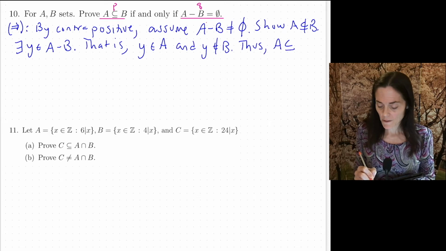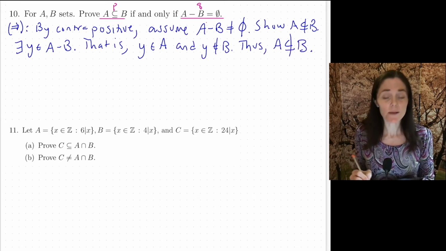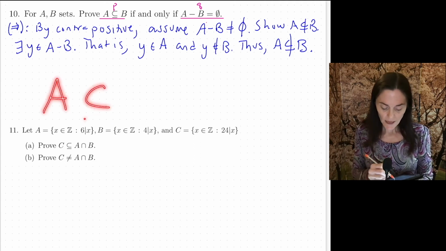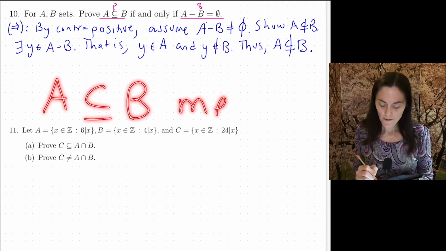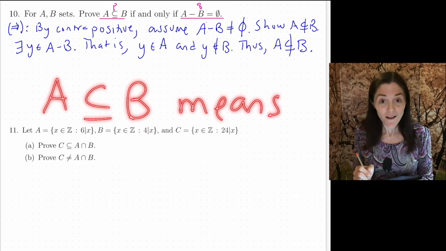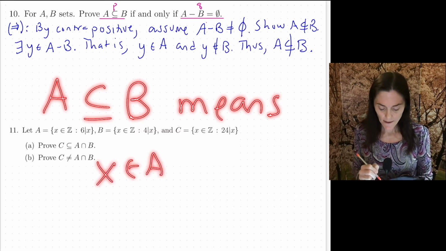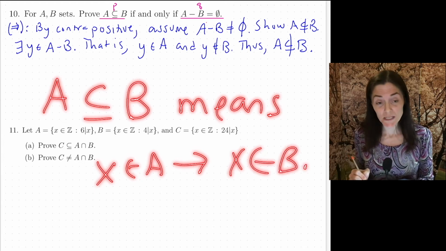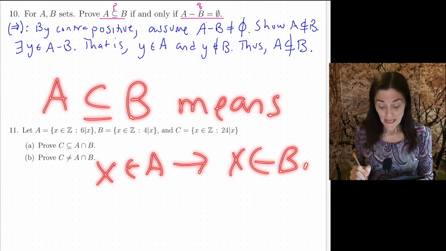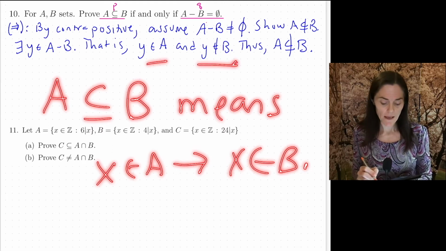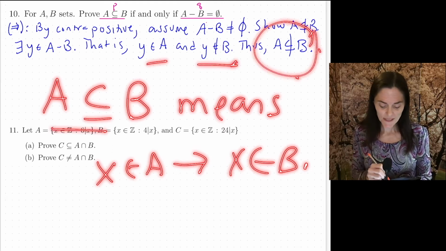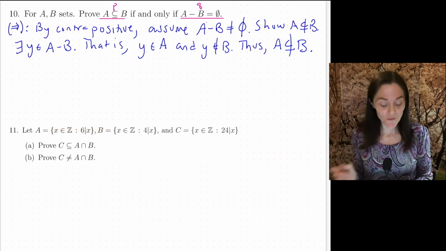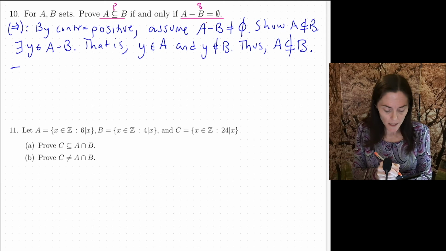Therefore, we can conclude A is not a subset of B, because if we go back and remember, this means for all X, X is in A implies X is in B, right? And we found a specific, I called it Y, that is in A and not in B. And therefore, that's precisely what not subset means. So we have proved this forward direction by contrapositive.